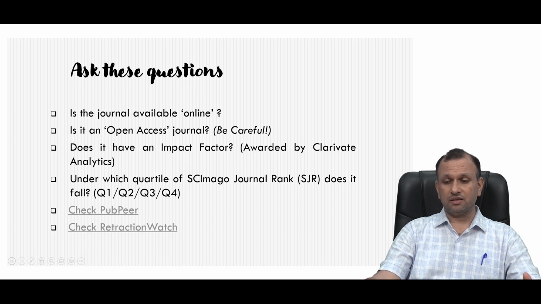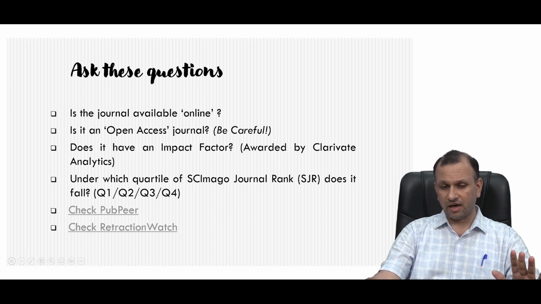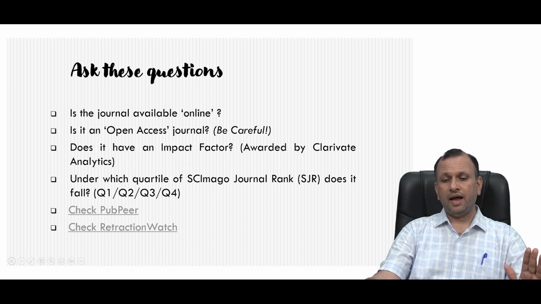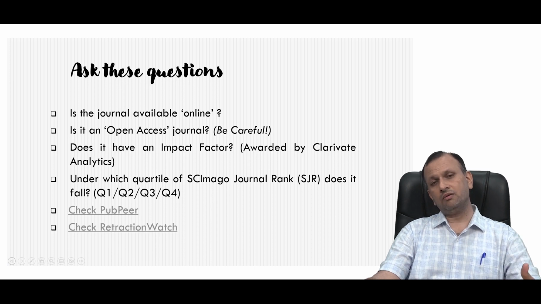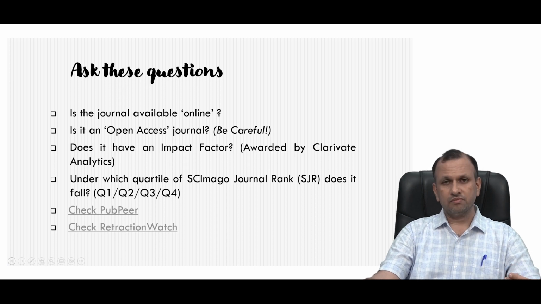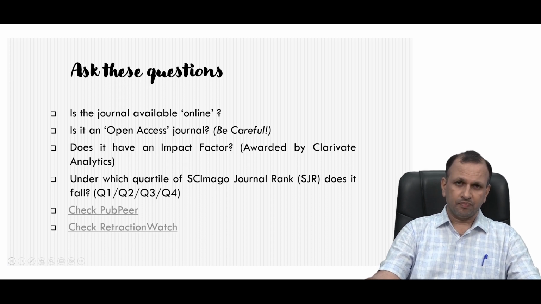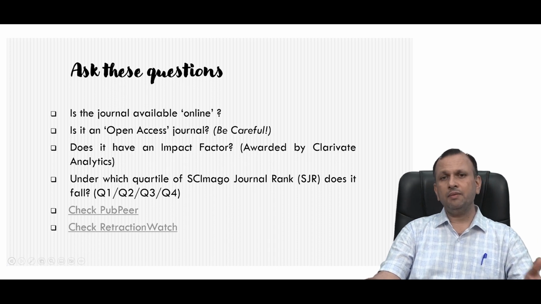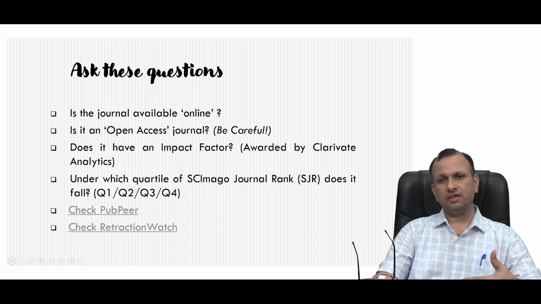Does it have an impact factor? Impact factor is awarded by Clarivate Analytics, and it is dependent on the number of citations the journal has received. Articles published in the journal in the last 2 years are considered, and the average citations received by the articles published in the given journal in the last 2 years will be the impact factor of that journal for this, the current year.